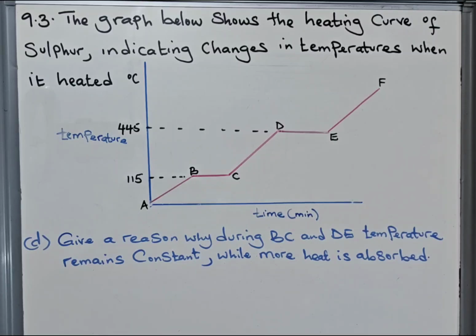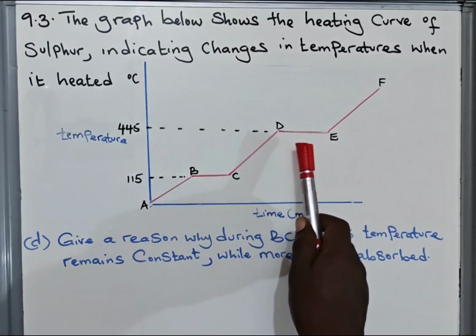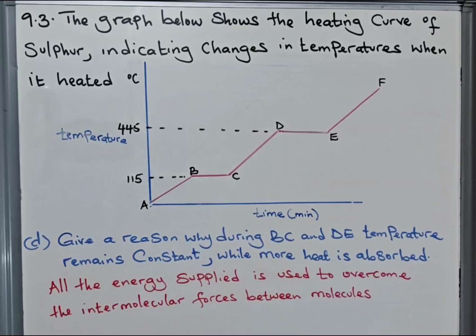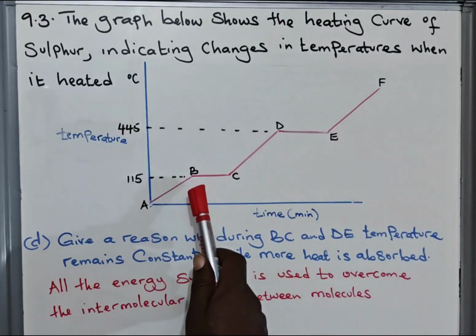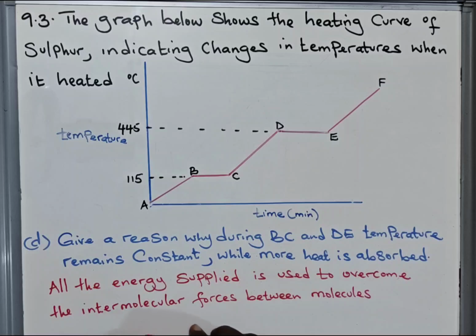All the energy absorbed during these phases is used to overcome intermolecular forces, so there is none to raise the temperature. That is it. All energy supplied during BC and DE serves to overcome intermolecular forces between molecules.